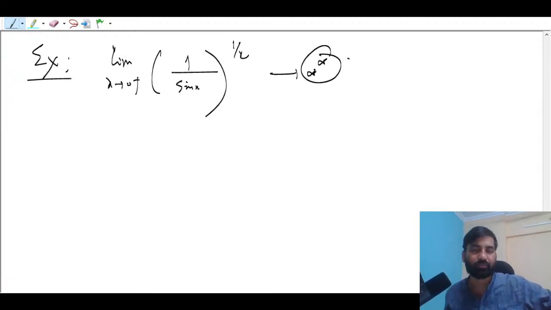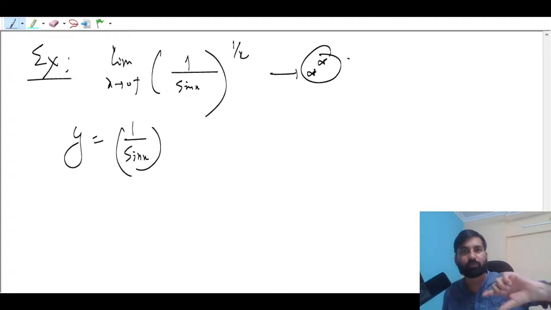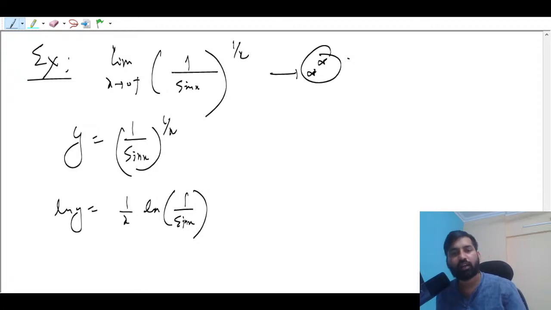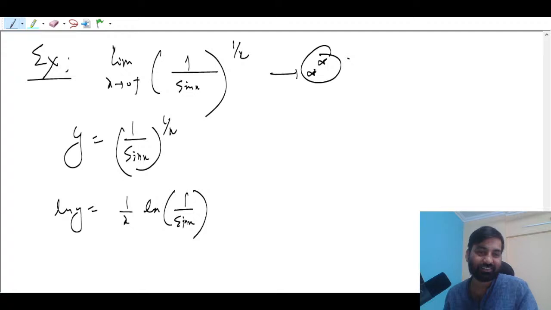Again it is indeterminate, so again you have to take y equals 1 by sin x to the power 1 by ln x. Whenever indeterminate forms are in exponent form, always take ln y equals 1 by ln x times ln 1 by sin x, right? Now you have to solve this. It's a very simple procedure.